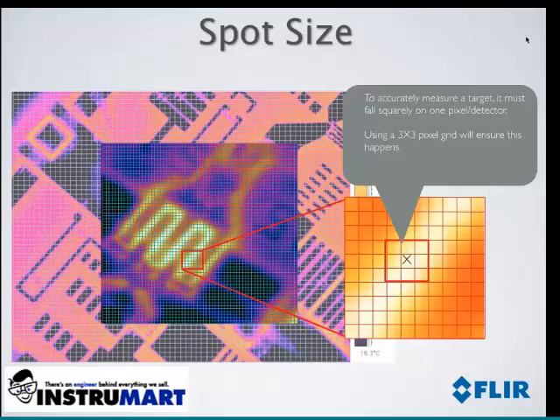I've shown that here where we've zoomed in on one of our leads that we're interested in measuring. If we look at a 3 by 3 cell, at least one pixel element falls squarely on the target of interest. Sometimes you may hear this called a measurement spot size, a measurement cell, or a measurement grid.